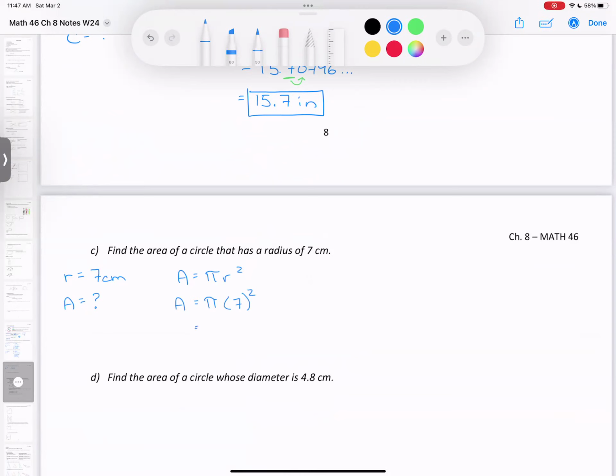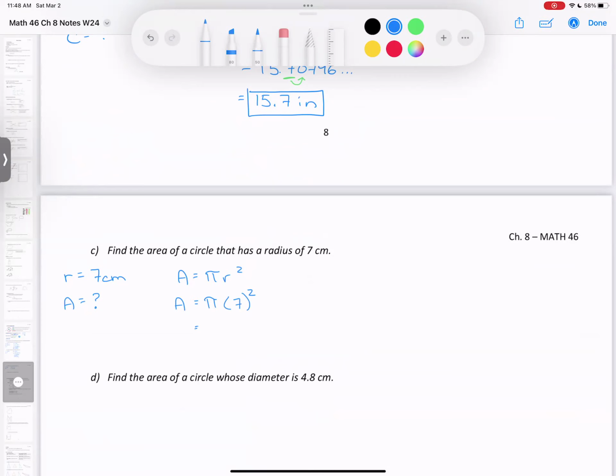On our calculators, we could do pi times 7 squared. Make sure you do pi times 7 squared and don't do pi times 7. Don't hit the equal sign first because you only want the 7 to be squared.